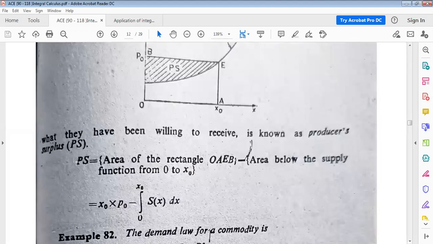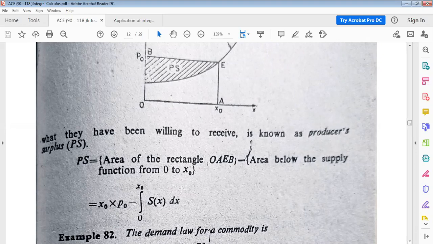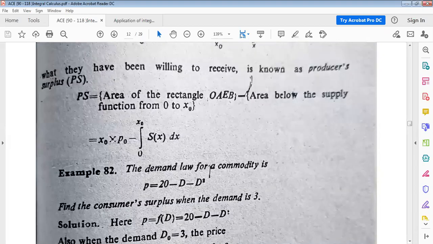Producer surplus equals the area of the rectangle UAEB minus the area below the supply function from 0 to x naught, the integral of S(x) dx. So the formula is x naught times p naught minus the integral from 0 to x naught of the supply function.